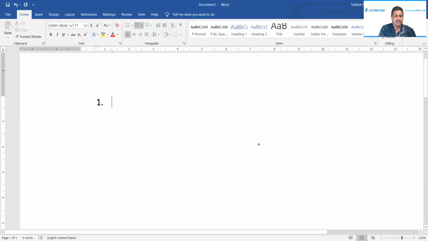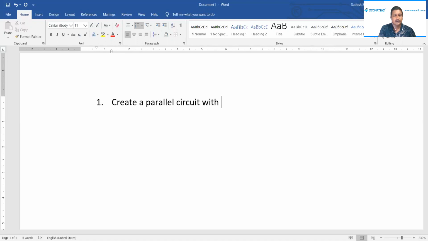Okay, first task is create a parallel circuit with 3 LEDs and 3 buzzers.